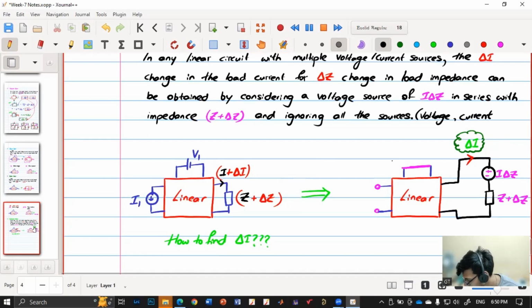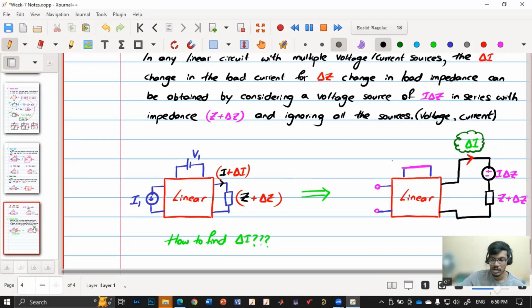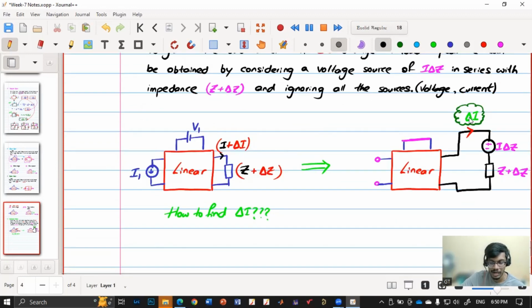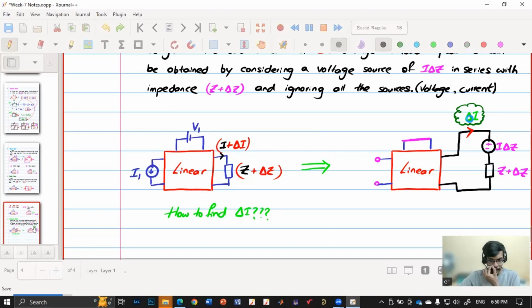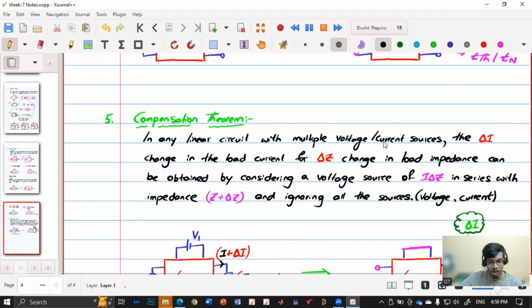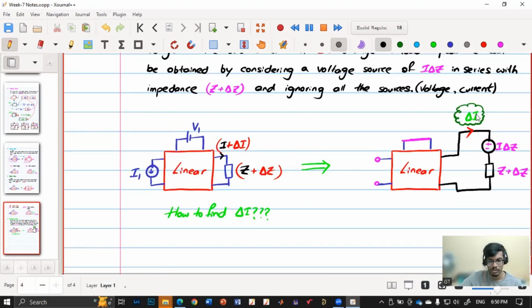Now in this new circuit, the impedance Z plus delta Z will carry a current of delta I, and you can solve for delta I. So now instead of solving this actual circuit with all the sources, we can directly do this, and we can directly get delta I. Did you understand at least what I'm trying to say here, what this theorem is all about? Yes, sir.